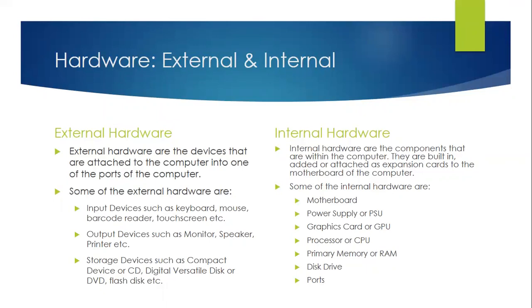Some of the internal hardware are motherboard, power supply, which is also called PSU, graphics card or GPU, processor or CPU, primary memory or RAM, disk drive such as memory card, hard disk, and ports. The ports can be USB ports, Ethernet port, VGA port, HDMI port, these kinds of ports where we attach the external hardware.